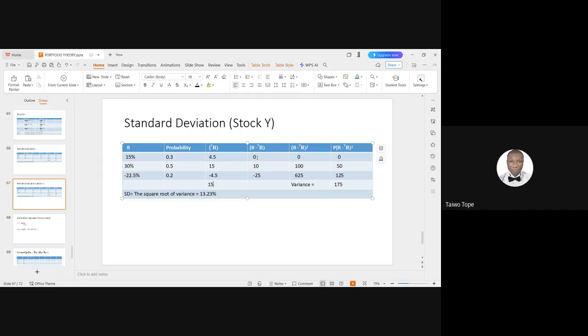So your R minus R bar will be 0, 15, and minus 37.5. When you square, this will be 0, 225, and 1406.